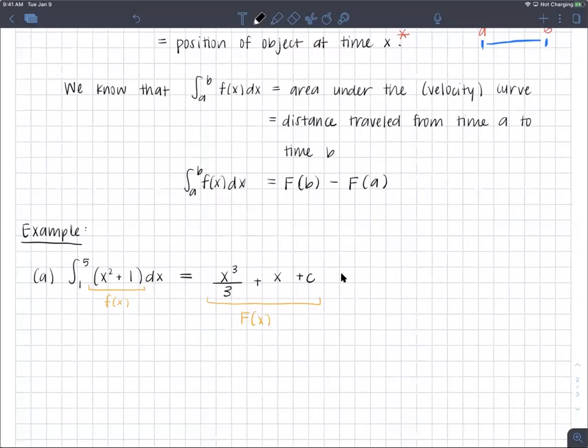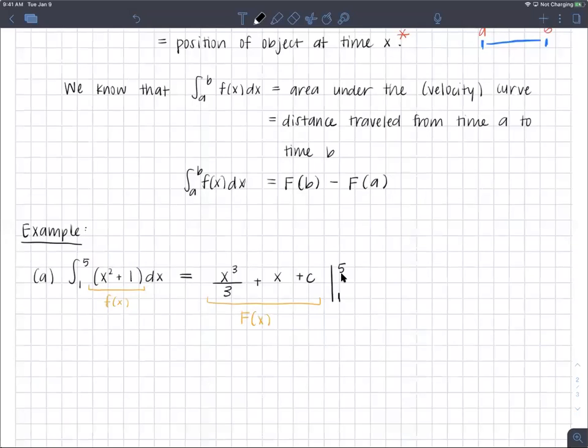Now, this is the step that is crucial when it comes to using the second part of the fundamental theorem of calculus, because right now I've just found the antiderivative. I haven't actually evaluated it at b or at a, right? So what you do here is, depending on your preference, some people just put a straight line and say, okay, I have to evaluate this at 1 and at 5 and then subtract.